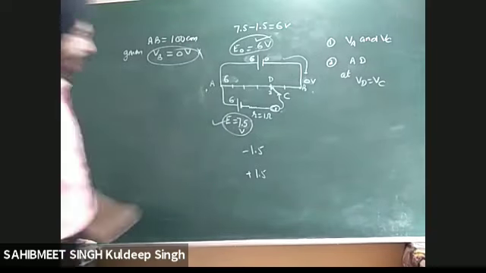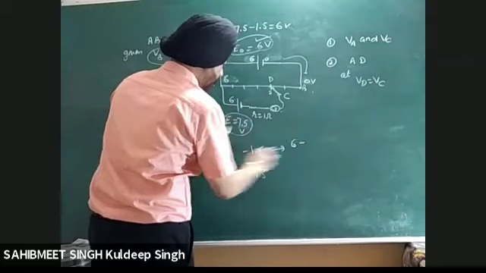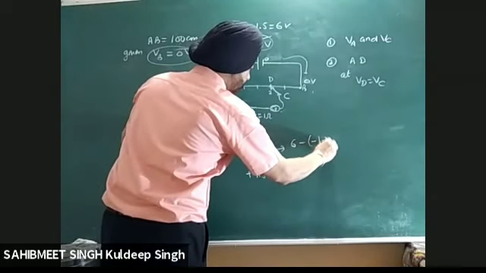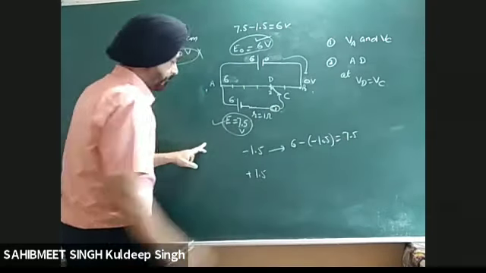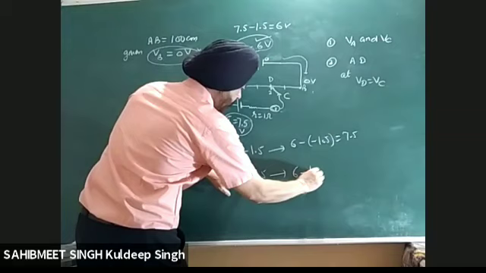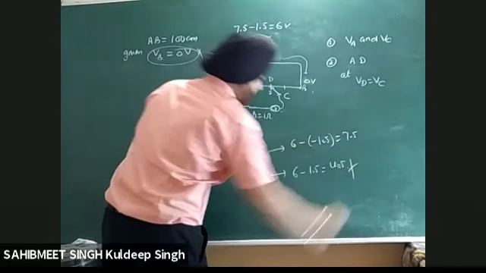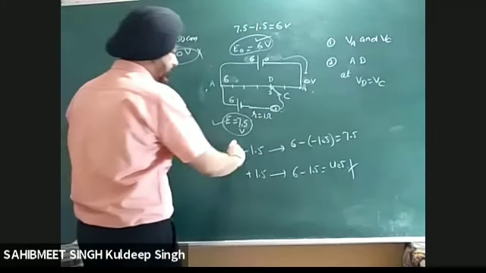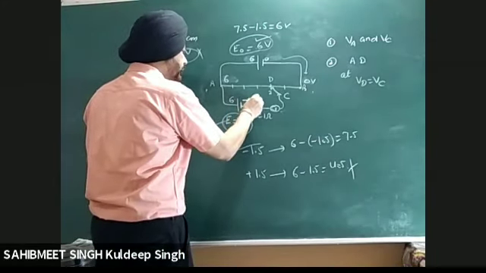Let us find out. 6 minus 1.5 is 7.5 if I take... no, if I take positive, then 6 minus 1.5 is equal to 4.5. This is wrong. Therefore, I have to assign this terminal as minus 1.5 volt.